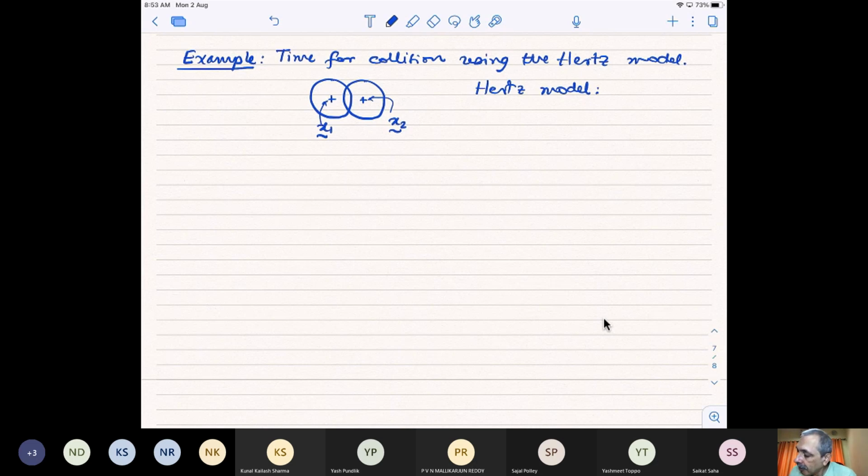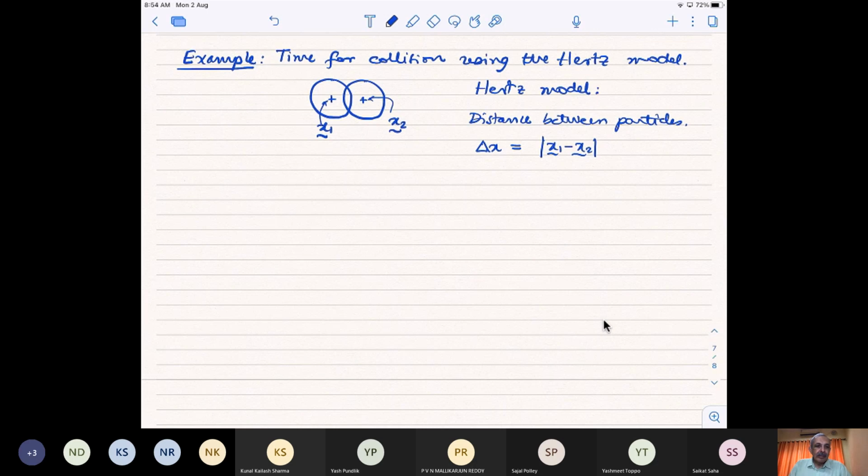And so the distance between the particles, I'll call that delta x, is just equal to the absolute value of x1 minus x2. These are vectors, and when you take the absolute value, this is the length of that vector. So this is a scalar quantity, the distance between the particles.